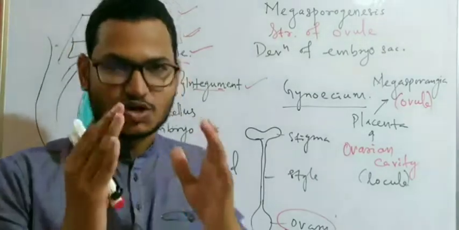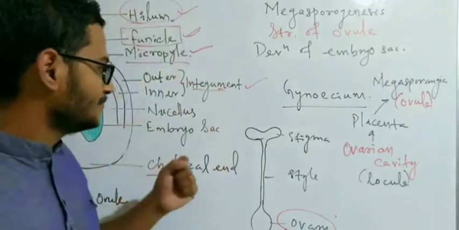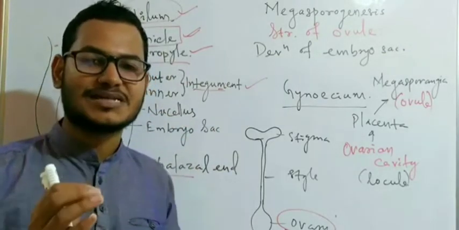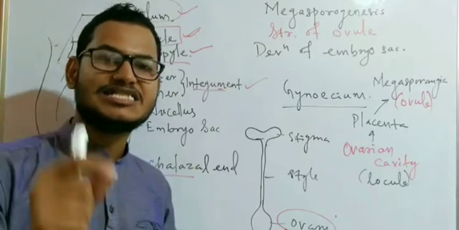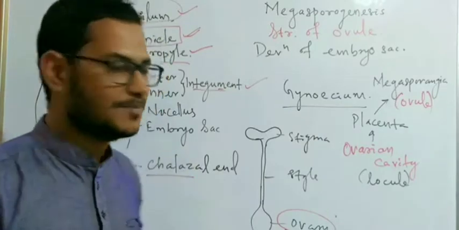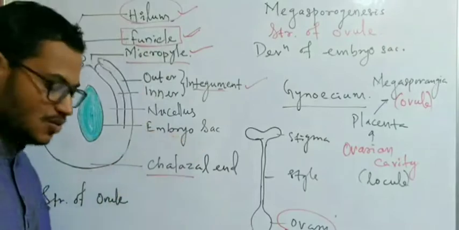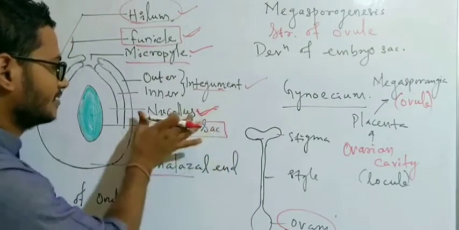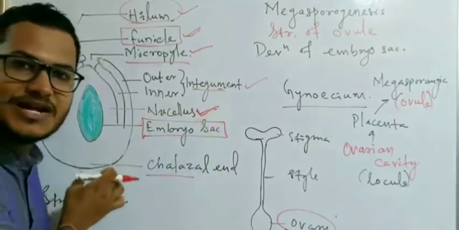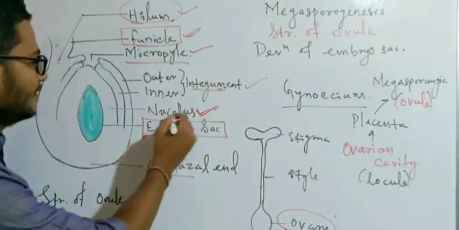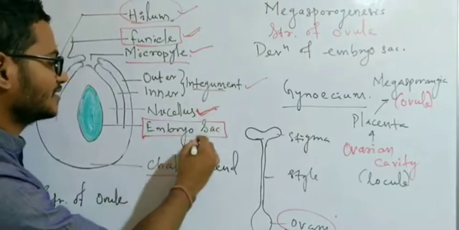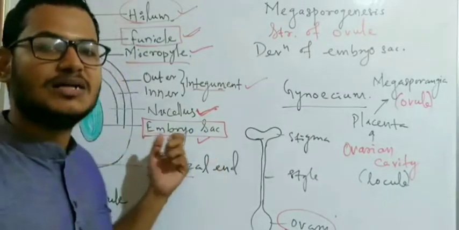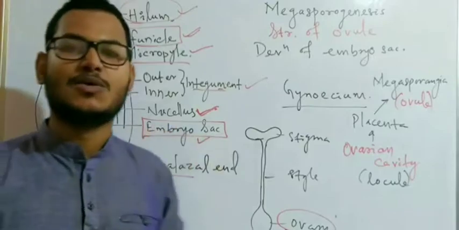Now remember, the nucellus is a mass of cells surrounding the embryo sac, and it reserves food and provides nutrients for the development of the embryo sac. So the nucellus plays an important role in the development of the embryo sac.